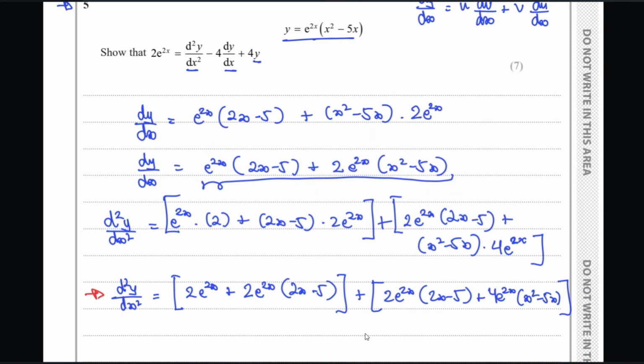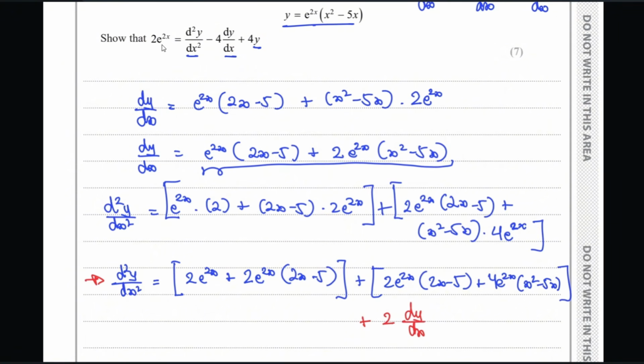We can say this could be turned into plus 2 dy over dx. And we can see that we already have a term 2 times e to the power 2x in the equation. We have figured out dy over dx. We already have d squared y over dx squared here. We need to get 4y somehow. What should this be replaced with?